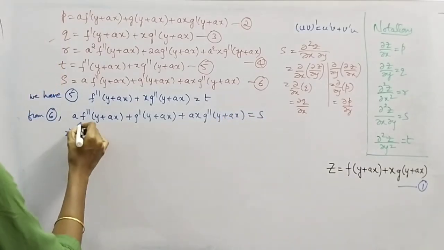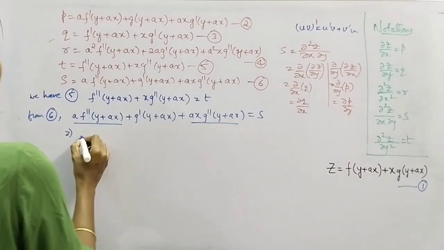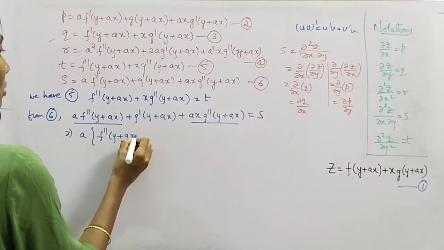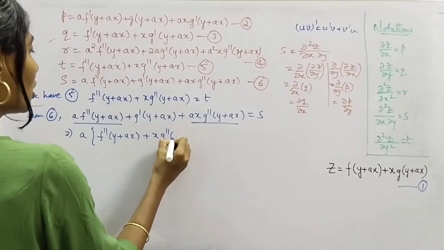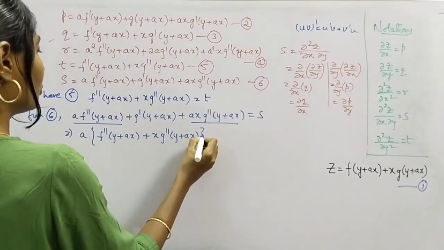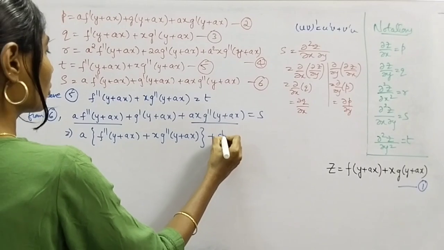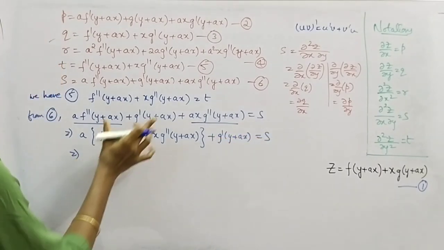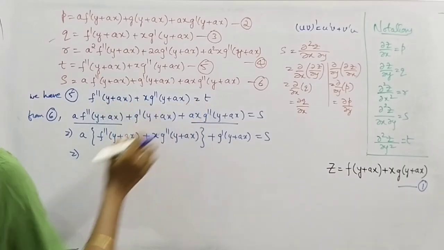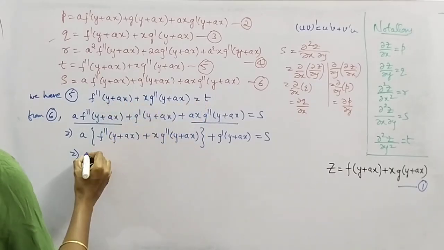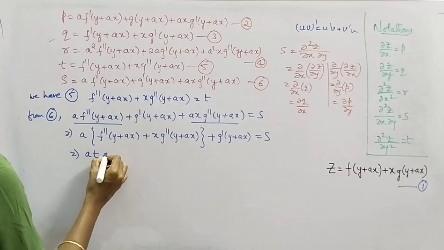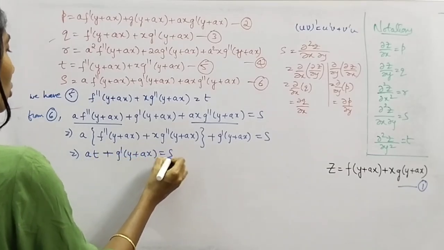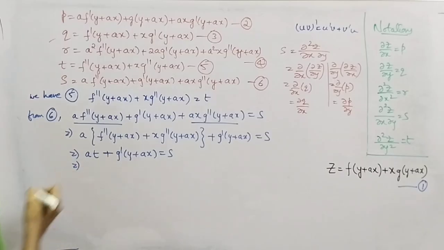Now I'll take a common from these two terms, so that I'll get a times f double dash of (y + ax) plus x into g double dash of (y + ax), plus this g dash, the remaining term, equal to s. Since we have f double dash plus x into g double dash equal to t, just replace it by t, we'll get a into t plus g dash of (y + ax) equal to s, right?